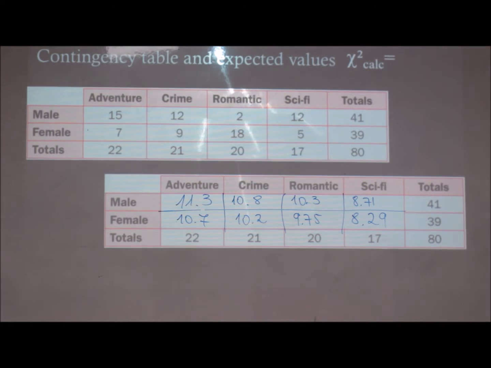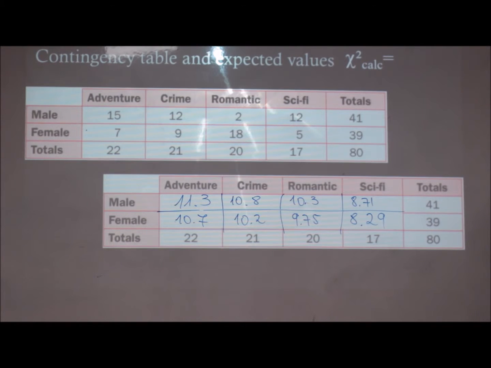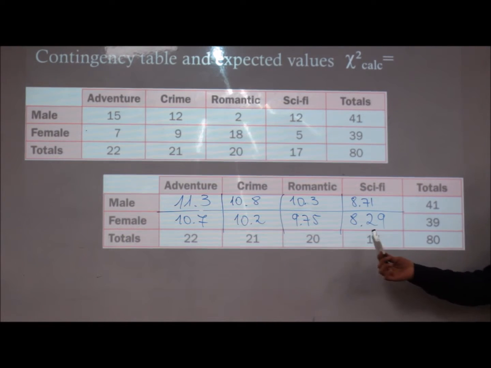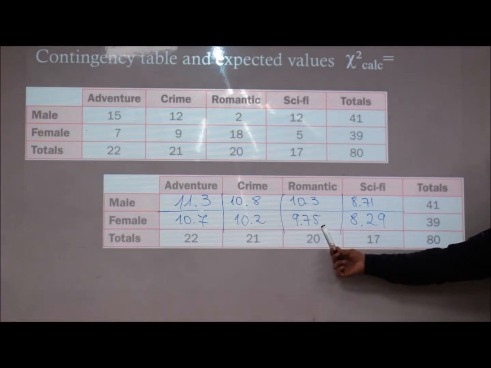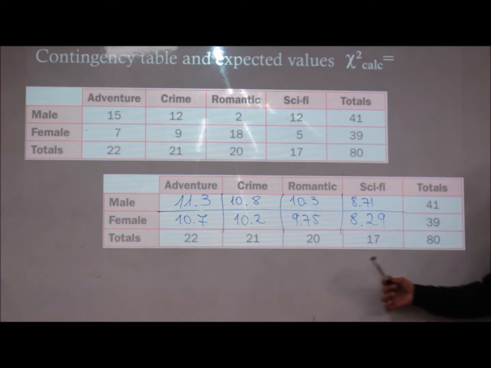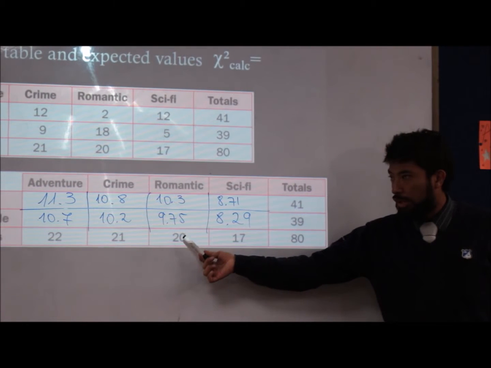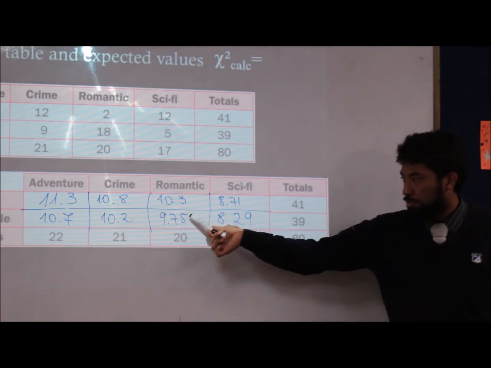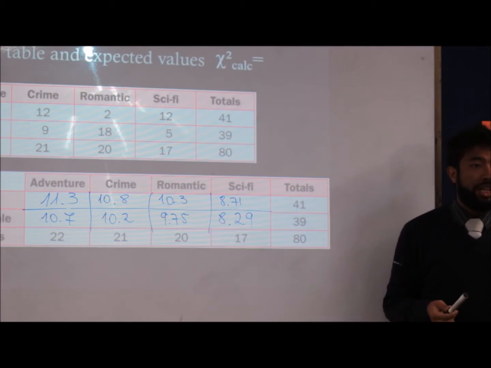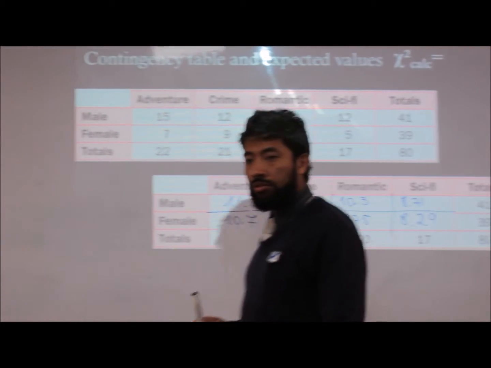Is it clear? For the ones who still don't get it, for example, this 9.75 is obtained by multiplying 39 and 20 and dividing by 80. This multiplied by this divided by this produces this number. Do you have both tables?